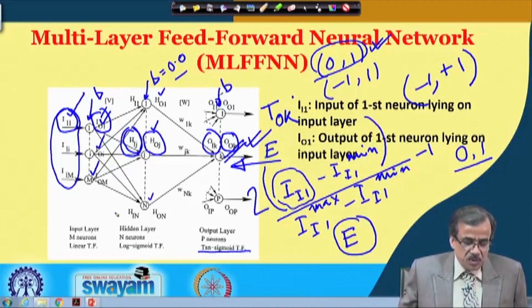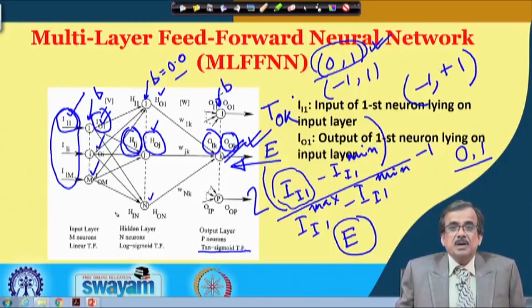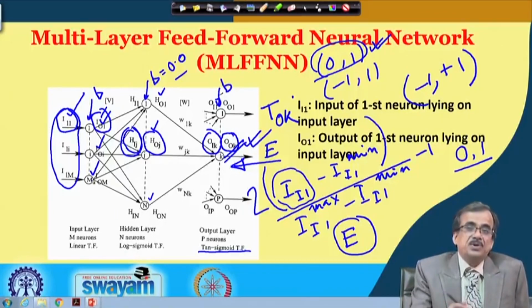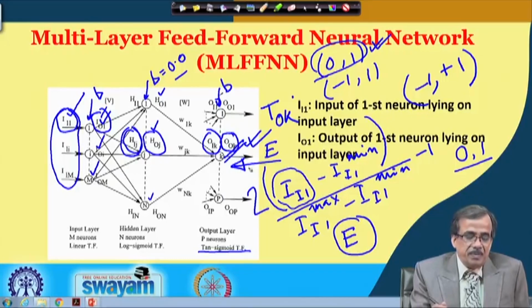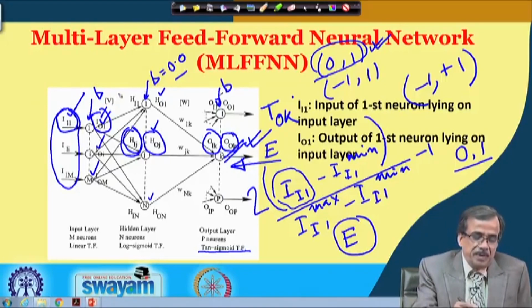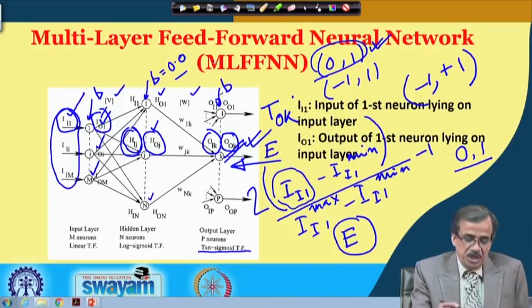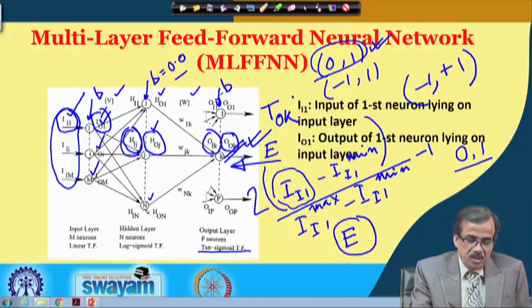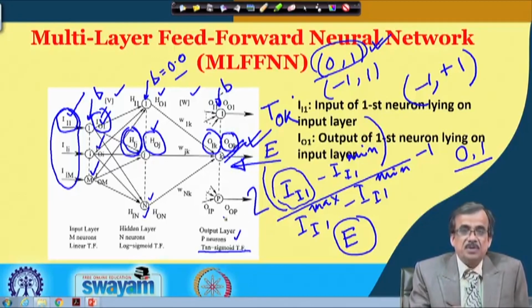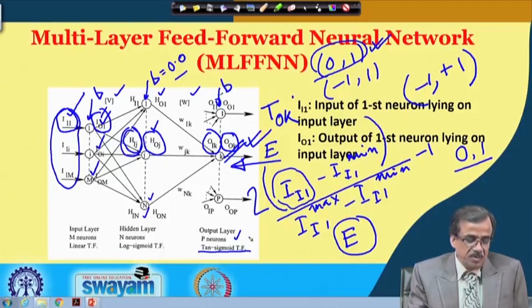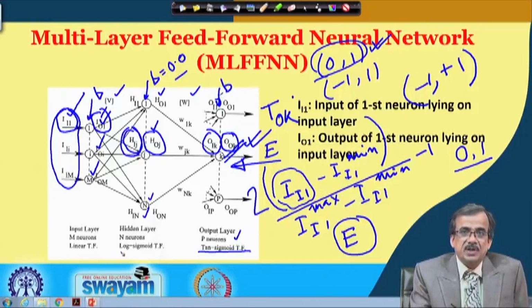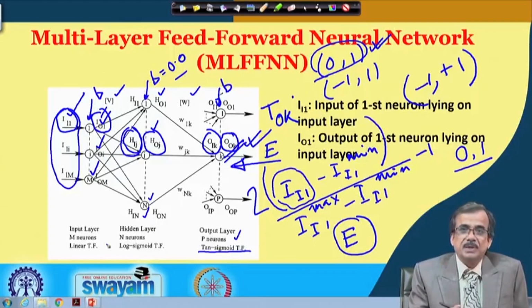Now, another thing I should mention is that the performance of this network depends on a number of parameters. For example, it depends on the connecting weights, and on the coefficient of the transfer function, whether it is log sigmoid, tan sigmoid, or the linear transfer function, and on the slope of the linear transfer function.